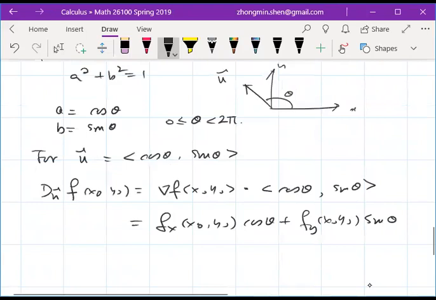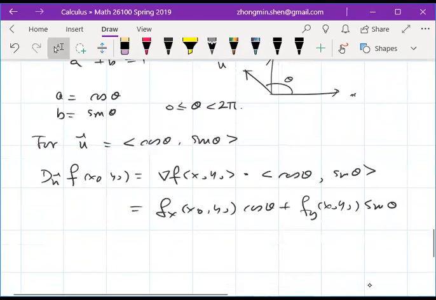In this textbook, when we talk about the direction, it usually means a unit vector.